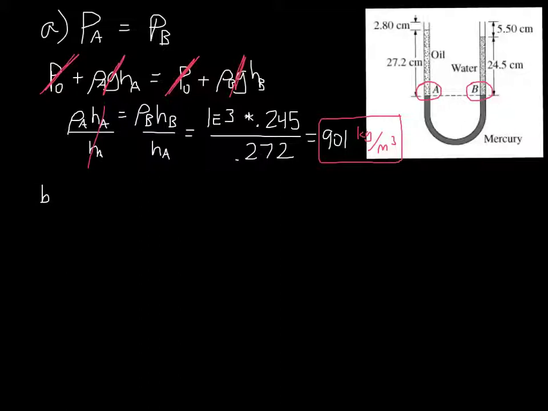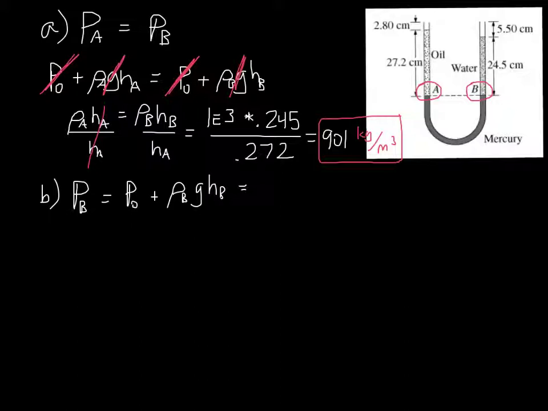For part B, calculate the absolute pressure at point B, which is the interface between the water and the mercury. The absolute pressure is the equation we just used in part A. So the absolute pressure at point B is equal to PO plus rho B g hB. Just plug all those numbers in.